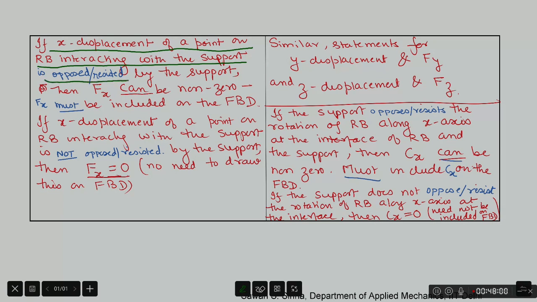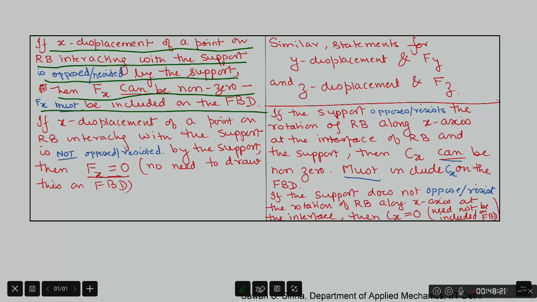So you should go and ask the designer of the support, whoever designed that support, whether your support is capable of resisting or opposing the x displacement of a point on my RB which is interacting with your support.